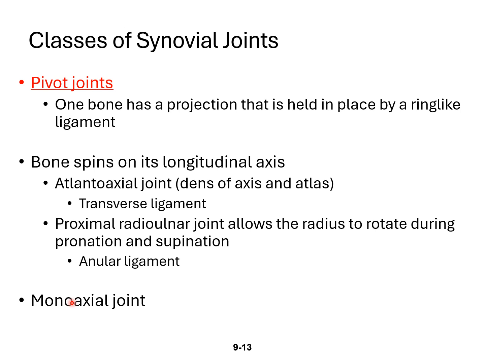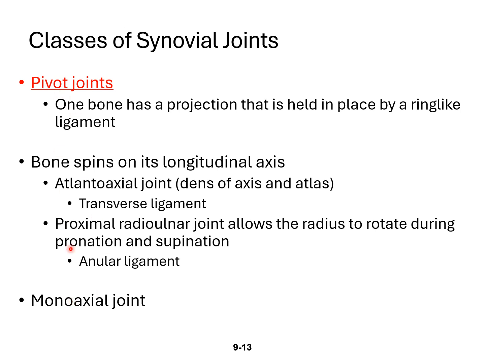On your exam, you'll probably have a couple of the classes of synovial joints. What I'll do is ask, the joint between the axis and the atlas is what type of joint? Or I can say the atlas and the axis is considered what type of joint?